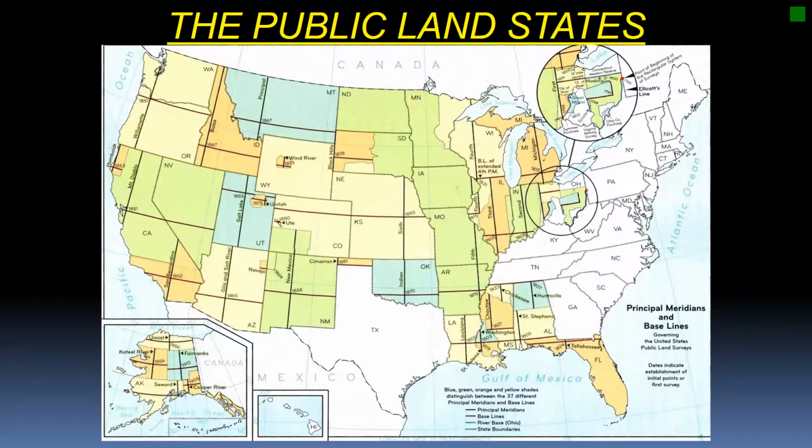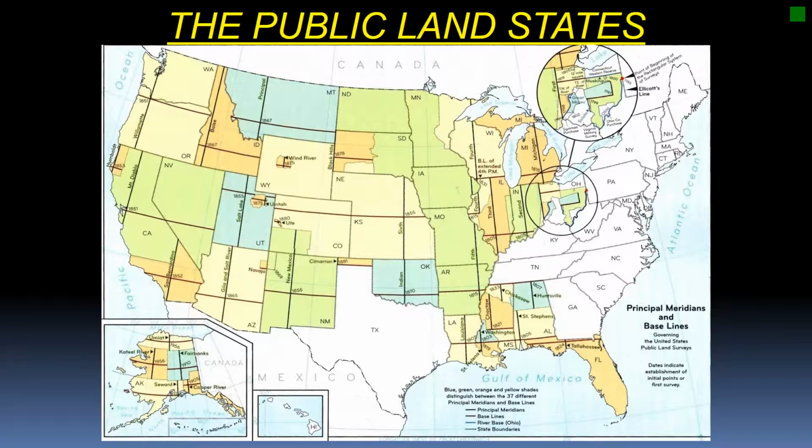Now, all the other states that you see on this map have similar baselines and meridians with different names and for different states. For example, if you look down in Arkansas, you'll see the 5th meridian and the baseline down in Arkansas.